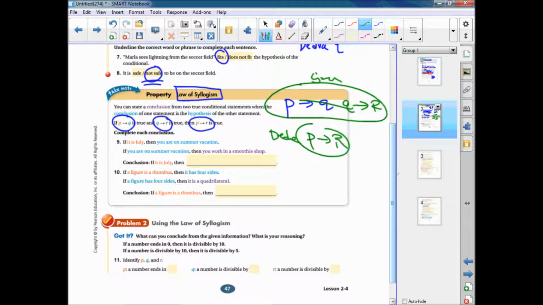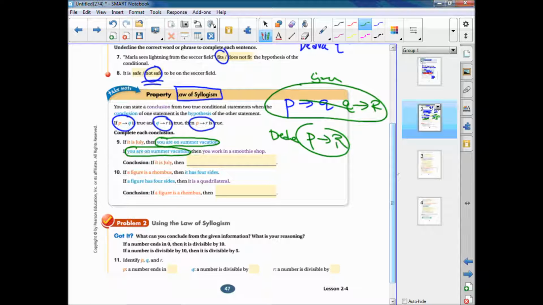Okay, so let's complete each conclusion. If it is July, then you are on summer vacation. If you are on summer vacation, then you work in a smoothie shop. Notice that the conclusion from our first true conditional statement is the hypothesis of our second conditional statement.